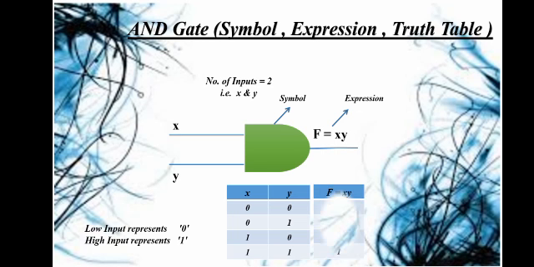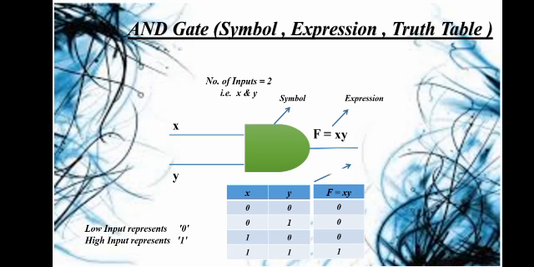Now as we know that for the AND gate F is equal to XY, if both the inputs are high then it will give you output high. High is represented with 1, so you can see in the last row both the inputs are 1, then the output is 1. If any of the inputs is 0, it will give you 0. That's why in the first 3 rows the output is 0, and only in the last row the output is 1.